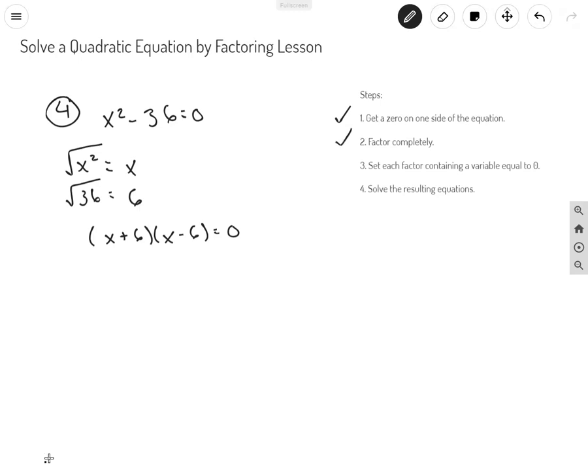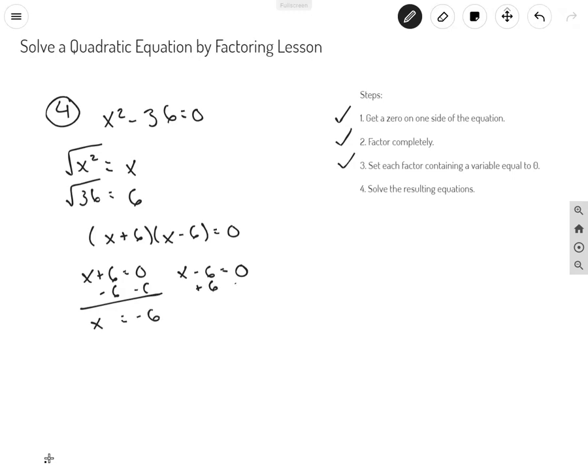Now let's look at step 3. We're going to set each factor containing a variable equal to 0. So x plus 6 equals 0, x minus 6 equals 0, and step 3 is done. Last step, solve the resulting equations. Subtract 6 from both sides on this one to get x equals negative 6.